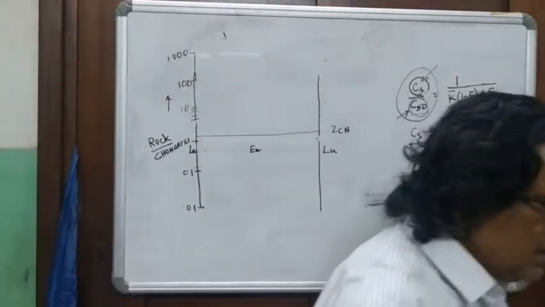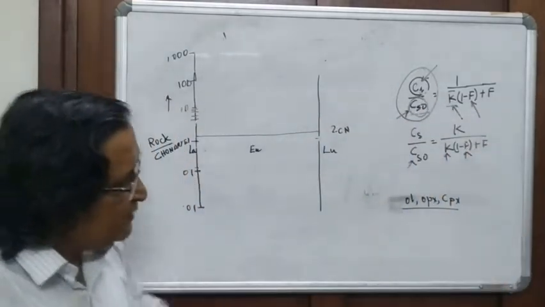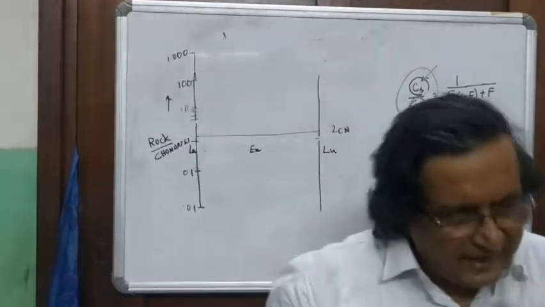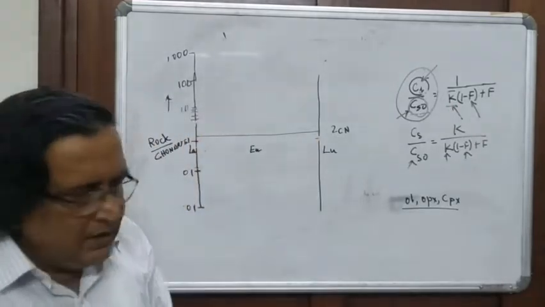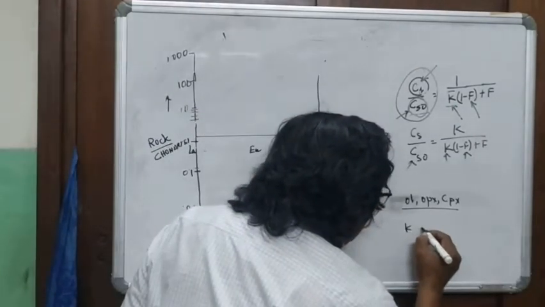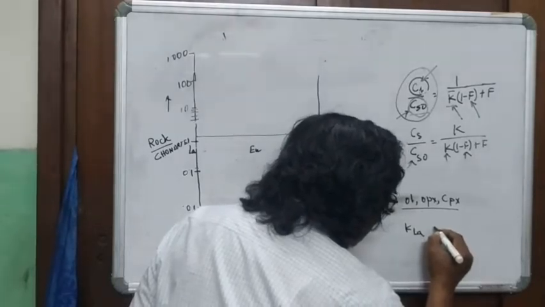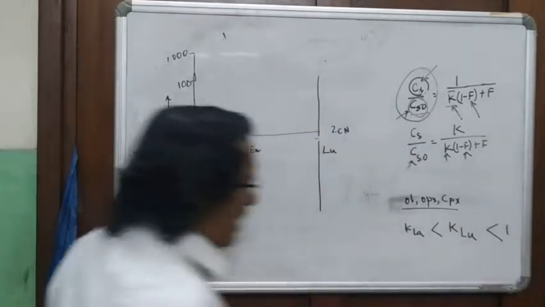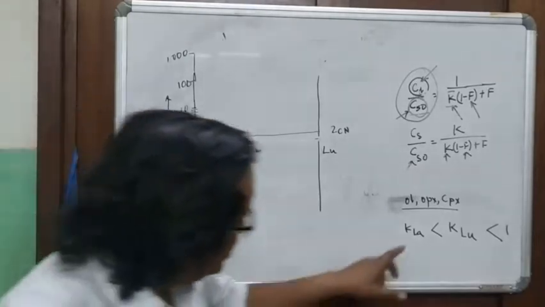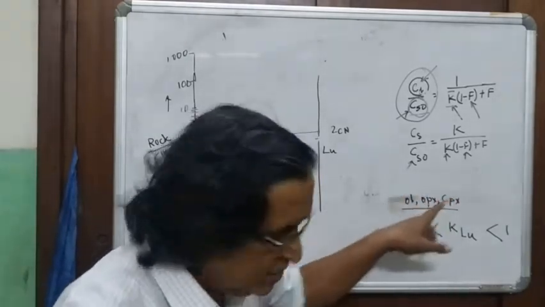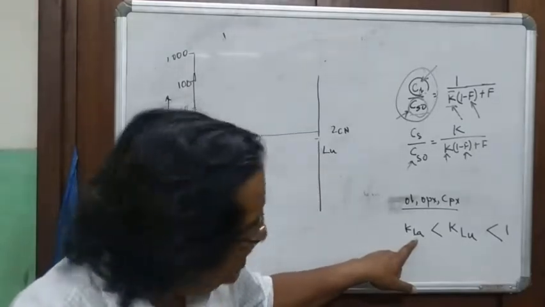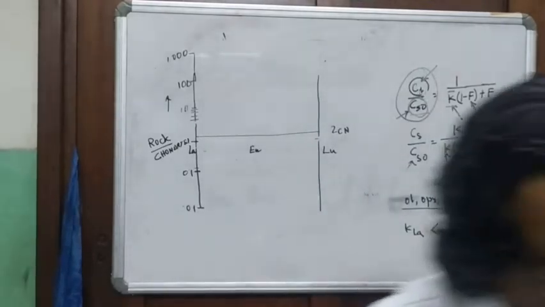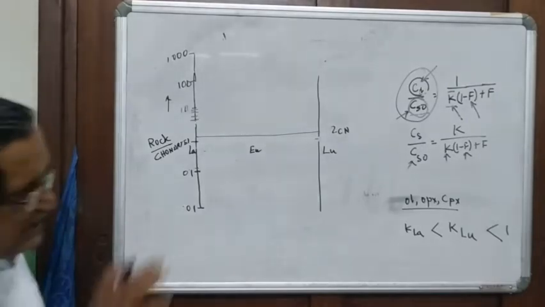So I know from my memory that for these 3 minerals, in whatever proportion you take, the values will be different, but the partition coefficient value for lanthanum is lower than the partition coefficient value of lutetium, and both values are lower than 1. So that is an important point.